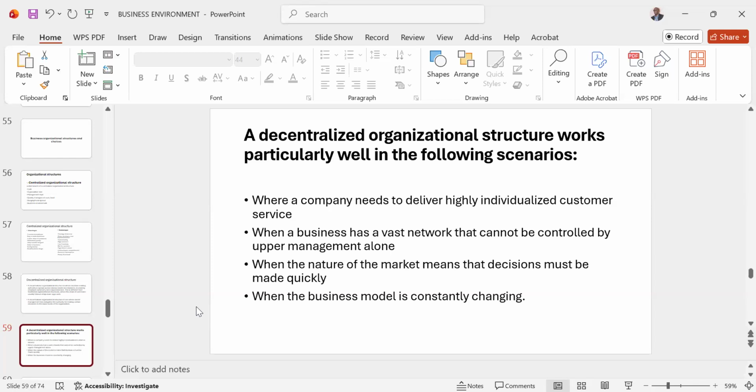Another one is when you have a scenario where the business model is changing constantly. Usually, in a small company or a startup, business model changes over time, constantly. Let me give you an example.